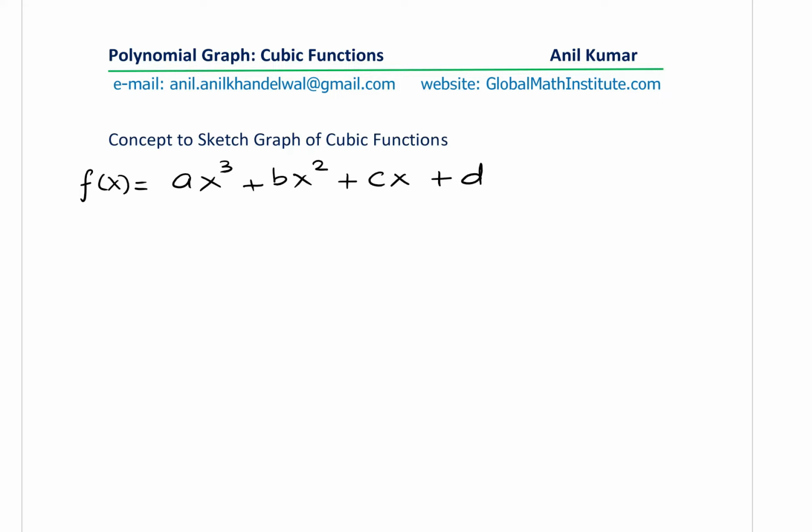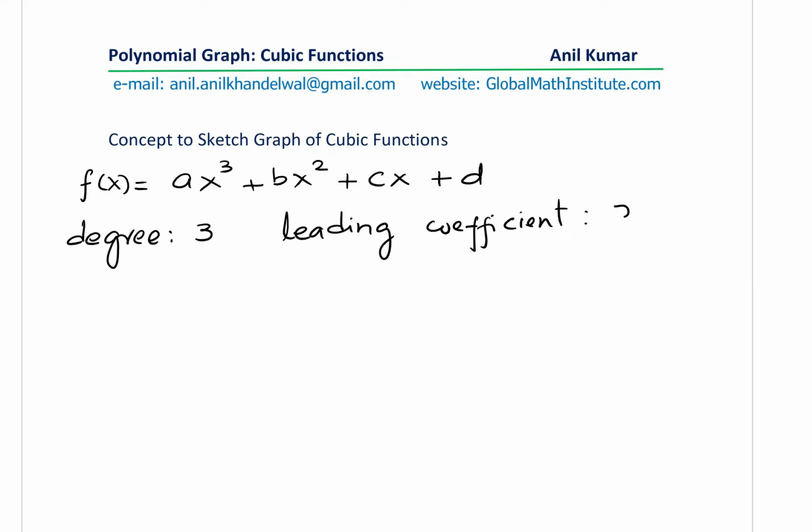Two important things here. One is the degree. Of course, the degree is the highest power, which is 3. The other one is the leading coefficient. Now, leading coefficient will be a.